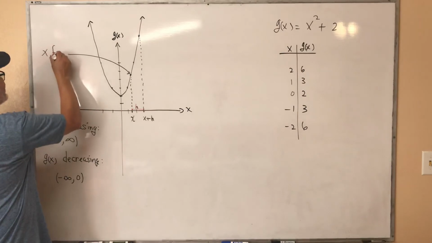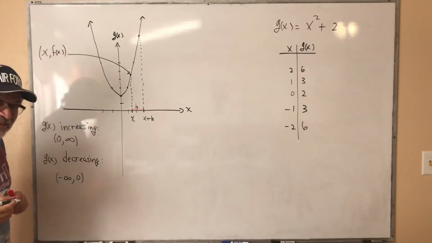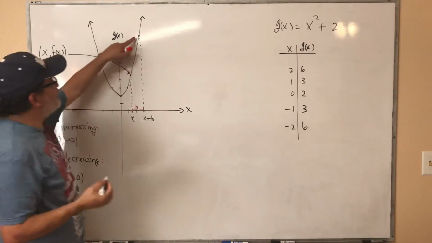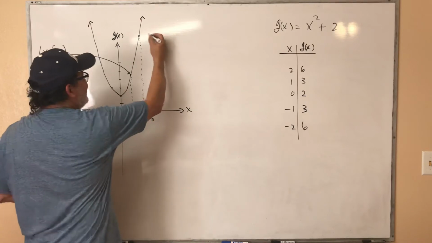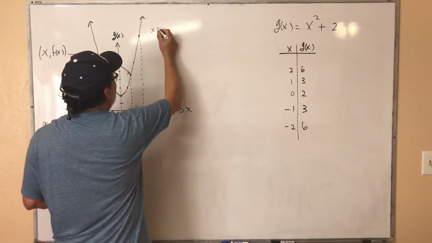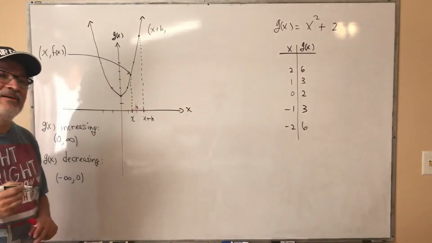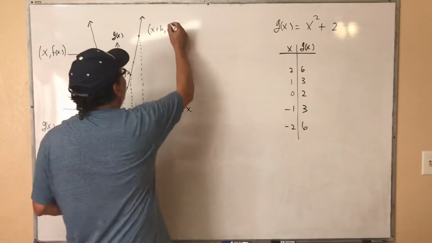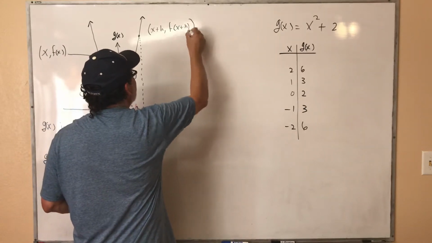And f of X. Do you see it? What about this point? What are the coordinates of this point? This point is going to be X plus H. And what else? F of X plus H.